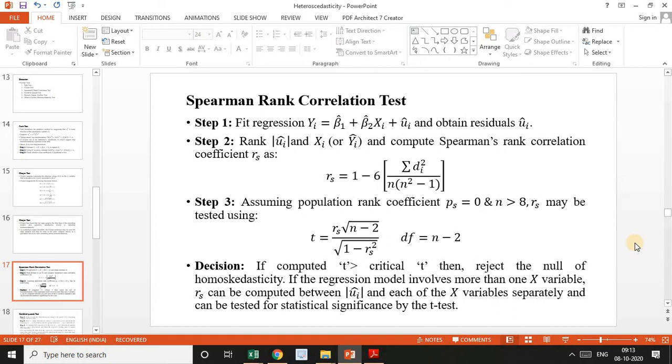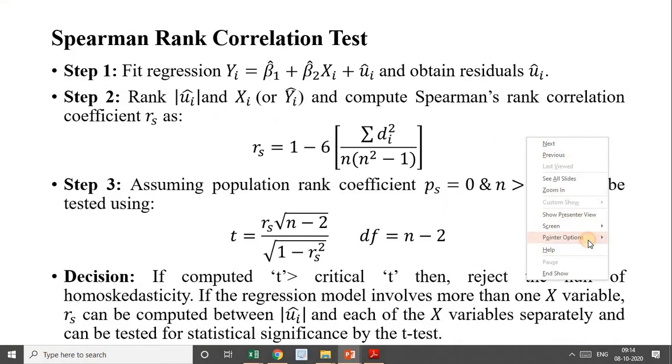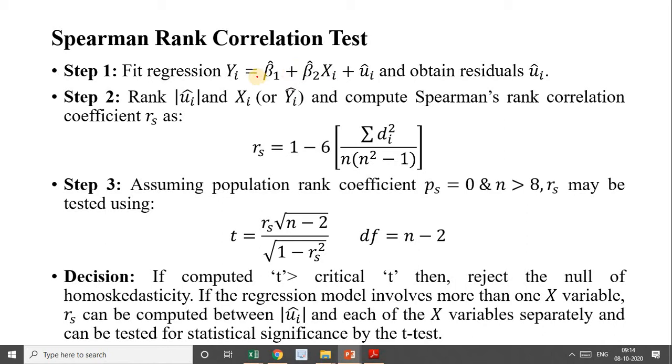Then the third test is the Spearman rank correlation test. It is a very simple test, and it is based on the t-test. Here we have to fit a regression model like yi is equal to beta 1 plus beta 2 xi plus ui, and obtain the u cap.